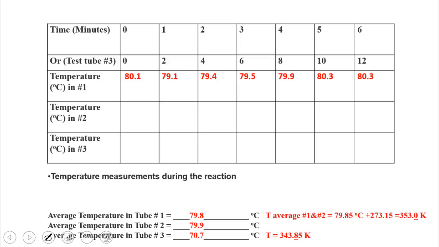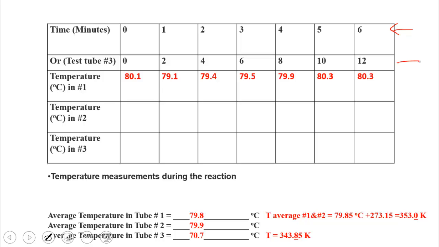Now here's a table. It's not labeled, but you'll need to label this something similar to this in your lab notebook before coming to lab. Up here is the time in minutes for trials 1 and 2, because at every 1-minute interval, I'm going to be measuring the temperature.